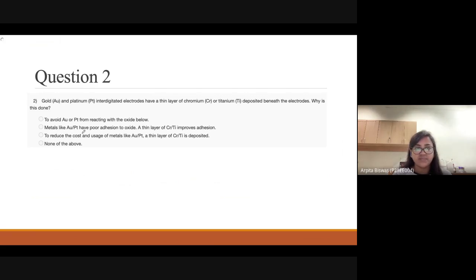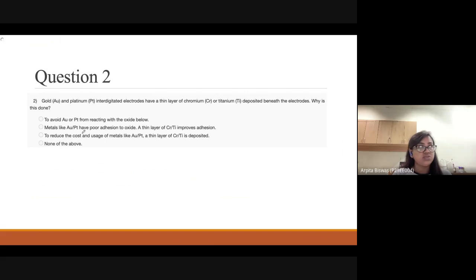Gold and platinum interdigited electrode have a thin layer of chromium or titanium deposited beneath the electrode. Why is this done? The first option is to avoid the Au or Pt from etching with the oxide below. And the second option is the metal like Au, Pt have poor adhesion to oxide, or a thin layer of chromium titanium improve the adhesion.